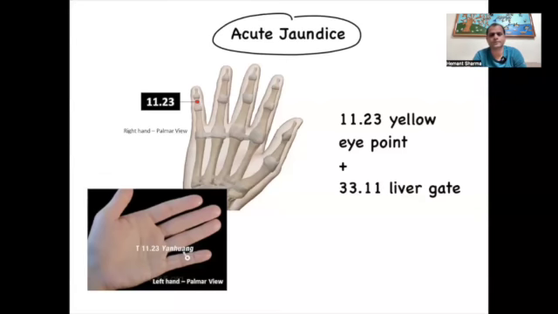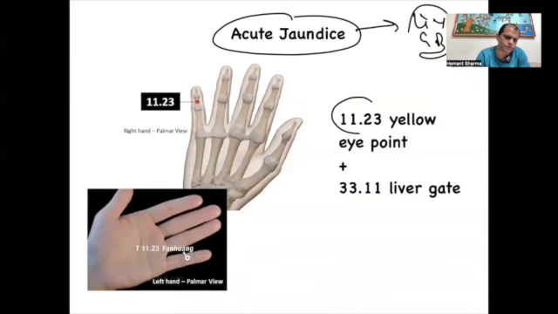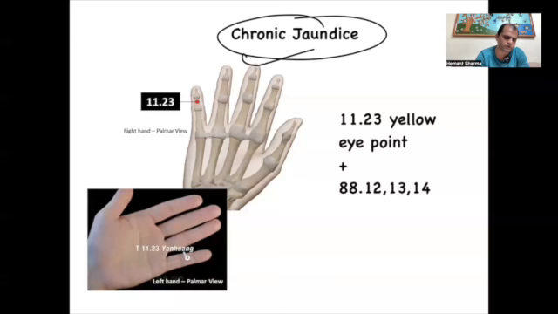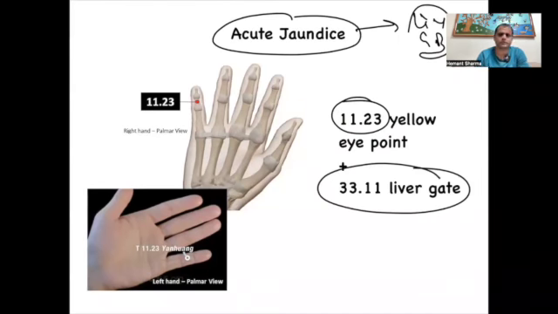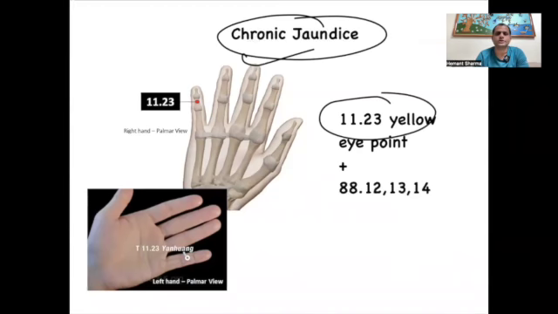Now, remember, whether the person has acute jaundice connected with the liver and gallbladder, we are going to use 11.23. Or the person has chronic jaundice, we are going to use 11.23. But if the person has acute jaundice, we are going to use the liver point, just as we discussed, liver gate, right? But if the person has chronic jaundice, we are going to use the liver point in the thigh.